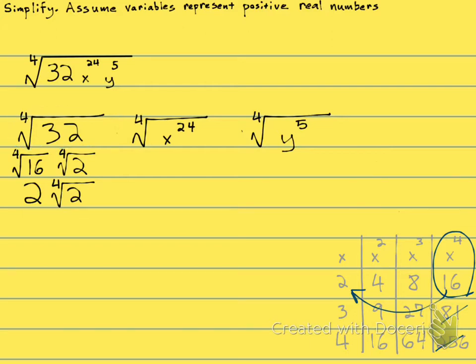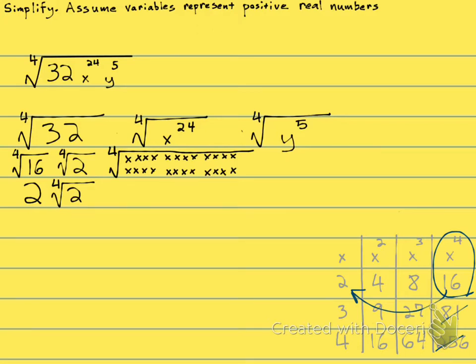Now let's look at the middle one, the fourth root of x to the 24th. The long way to do this is to write out all 24 x's. Let me do a little computer magic to make this quicker. All right, I got a hand cramp now.